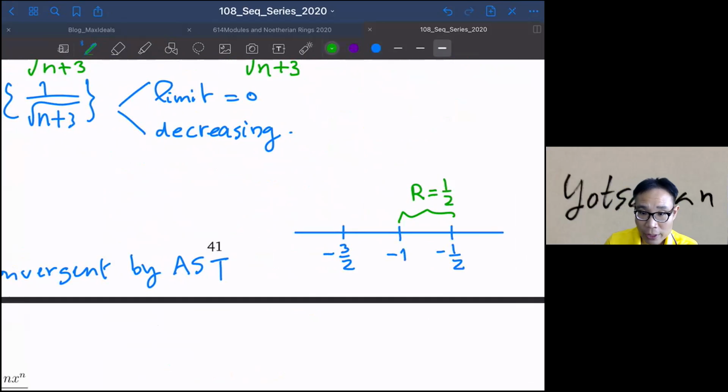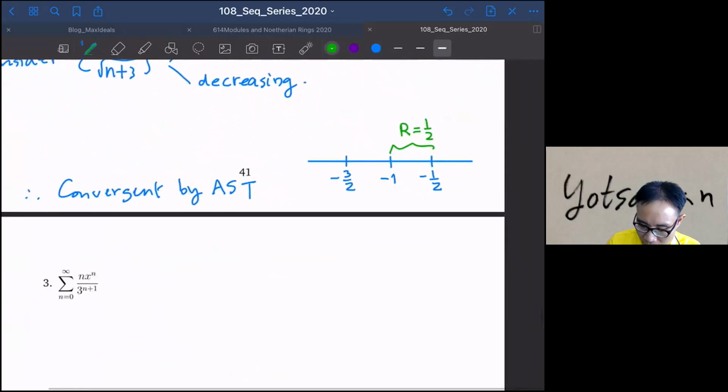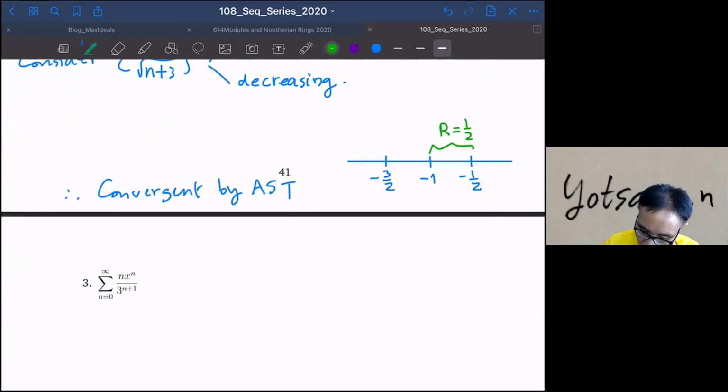And you're going to have convergence, you have divergence, you have convergence.